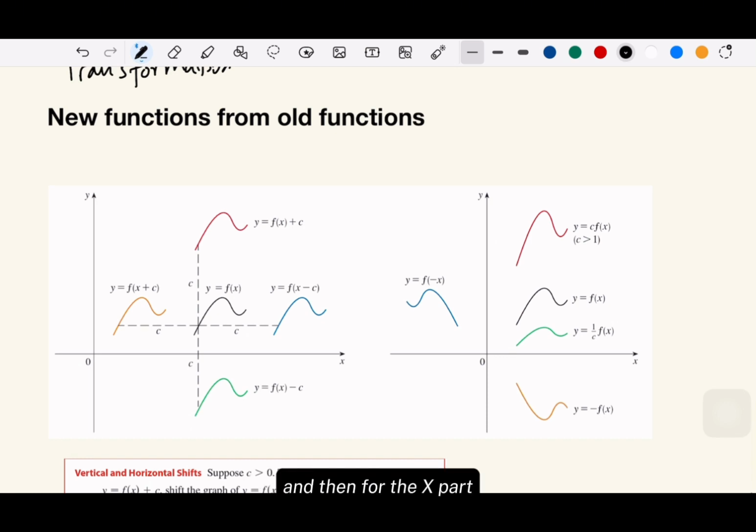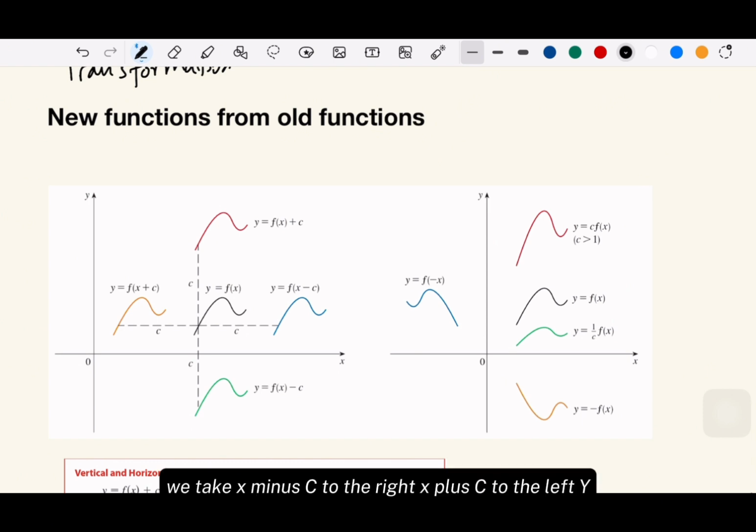And then for the x part, you will notice that going to the right, y equals f of x minus c, and y equals f of x plus c going to the left. So for up and down, if you just think about the numbers, up means plus, down means minus. That's okay. But for right and left, we take x minus c to the right, x plus c to the left.